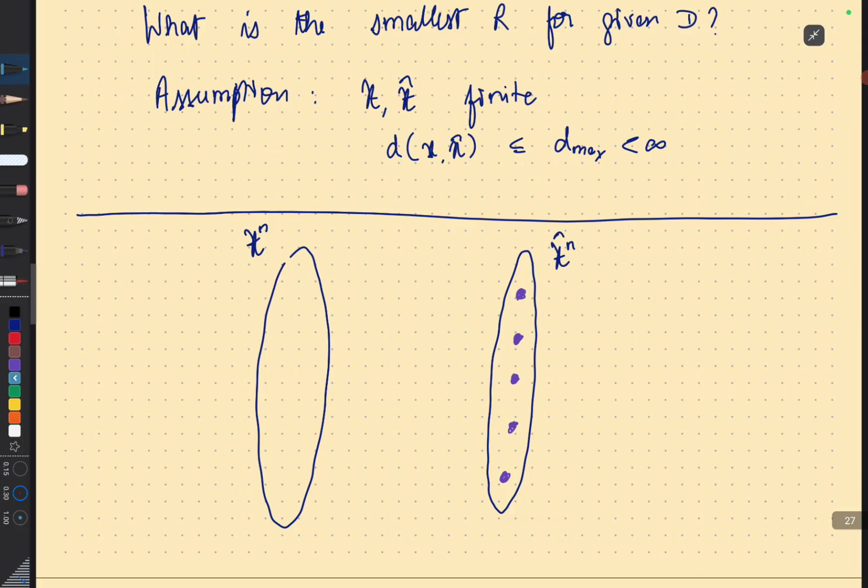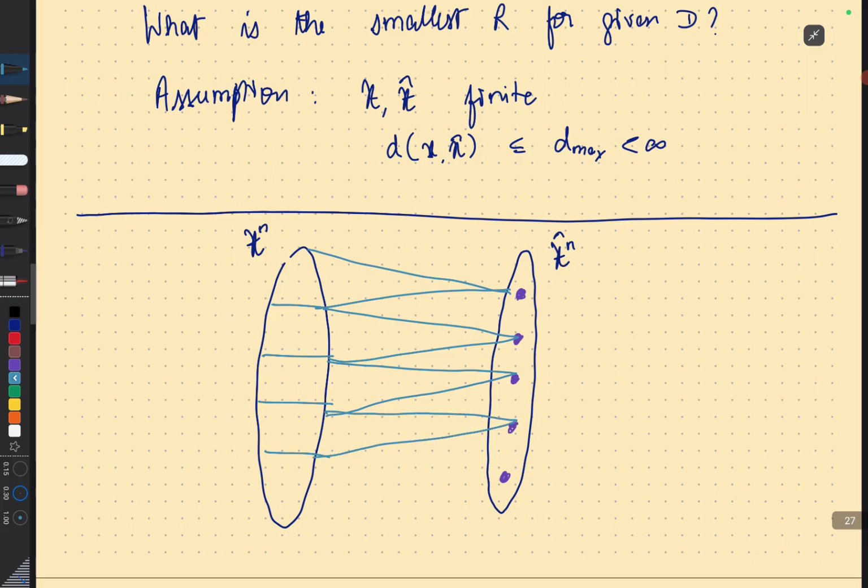When I say closest, I mean in terms of this distortion measure. The distortion measure is not necessarily a metric, but whichever point gives you the least distortion. Does that make sense? So for example, all of these points would get mapped to this particular X^n hat and so on.